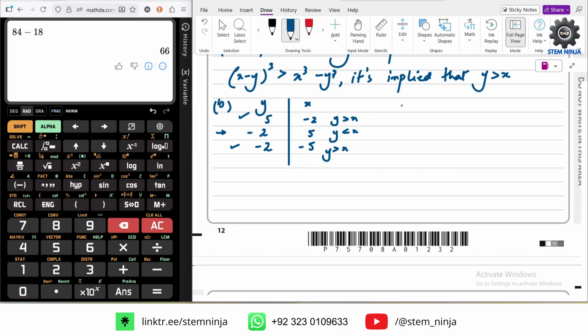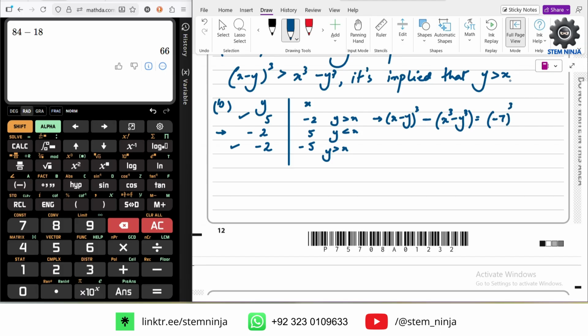So now let's plug in the values in the x minus y cubed. When you do the x minus y cubed, negative, the sum of difference of the cubes, let's see what we are getting. So you have -2 minus 5, minus 7 cubed, right?